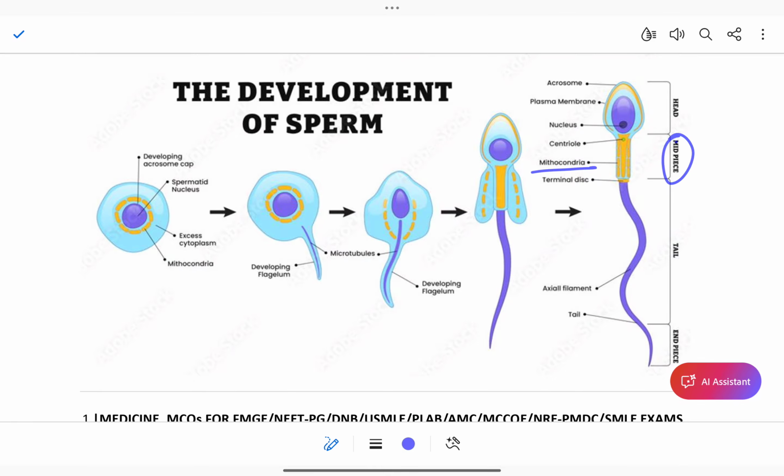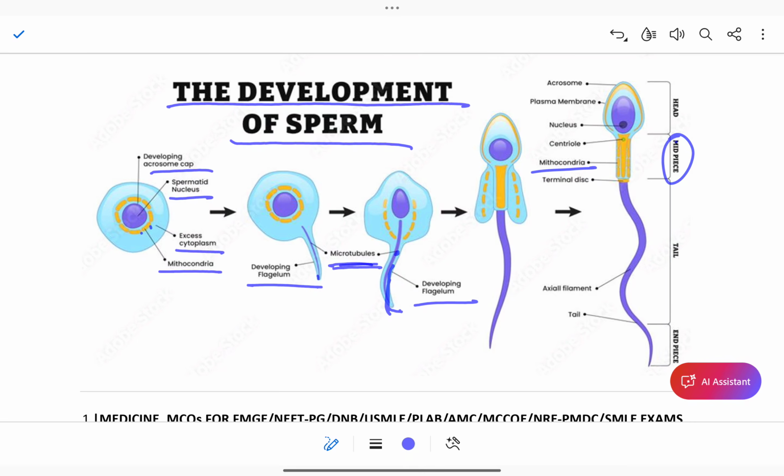Regarding the development of our sperm: acrosome cap and spermatid, excess cytoplasm and mitochondria here. Developing flagellum, I have already shown you. Mitochondria, microtubules, this is microtubules here, and this is the developing flagellum.